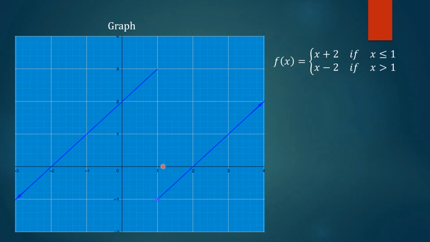Okay, so as you proceed by applying the values of x, say up to 2, then it will be 0. Again proceed. If it is 3, then the value is 1, this is the point 1, and so on. But interestingly, you see the tail of this straight line, it will not touch the point minus 1. This is the point minus 1, it will not touch it, because if you give x equal to 1, then its value is not minus 1, its value is 3.